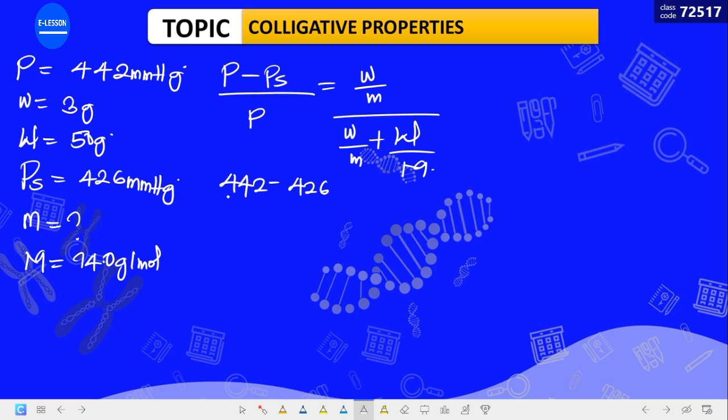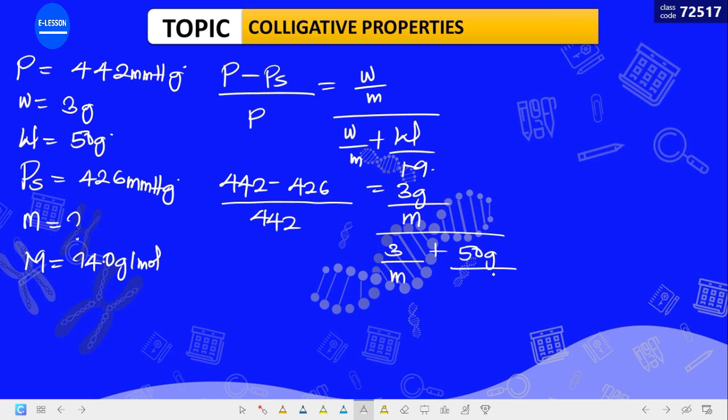Then this divided by P, 442, equals small letter w, which is 3 grams, over small letter m, which is unknown, that's what you are looking for, divided by 3 grams over small letter m plus big letter W, the mass of solvent, 50 grams, over big letter M, which is 74.0 grams.